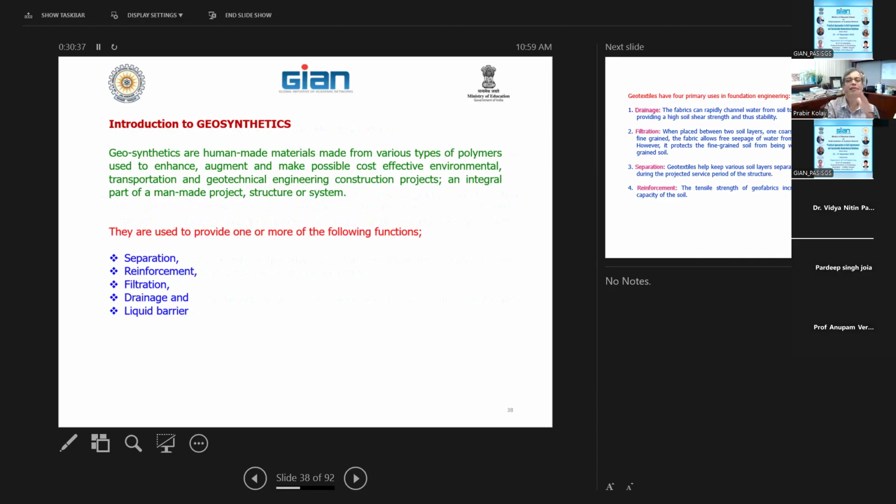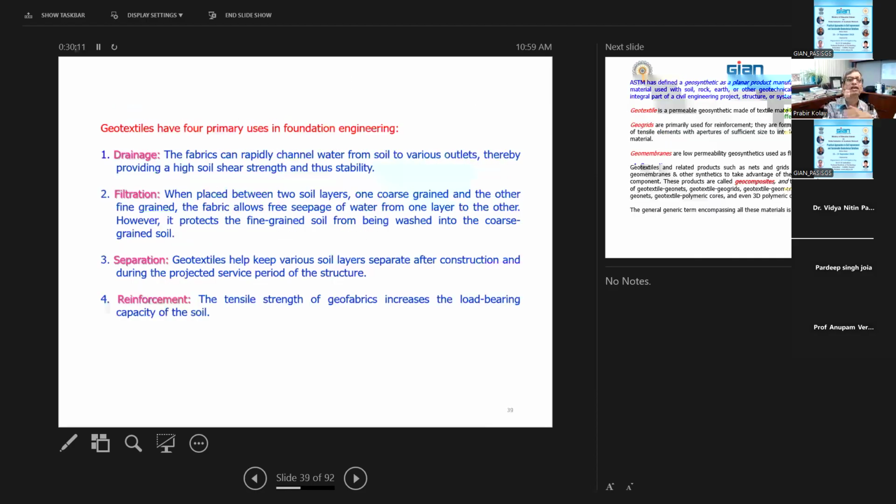I'm not going to go into detail over here. Drainage, filtration, separation, and reinforcement. There are different purposes. You can use that, but in this case, you'll be using it as reinforcement.